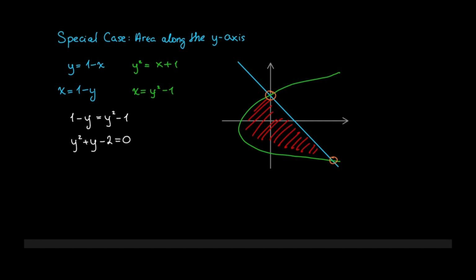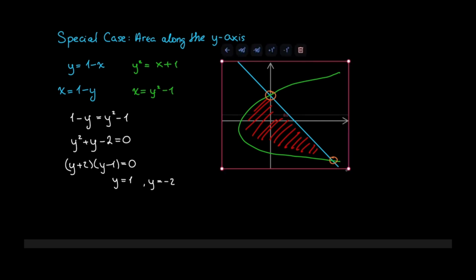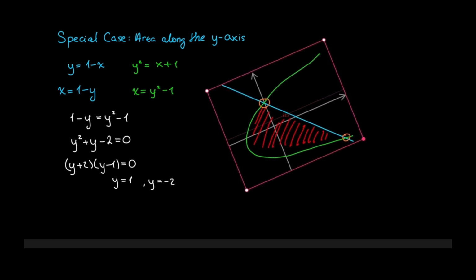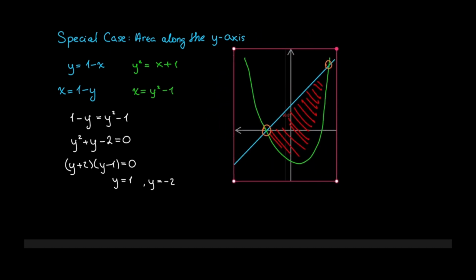What we get is y squared plus y minus 2 equals 0, and we can solve this using factorization. y plus 2 times y minus 1 equals 0. So that means y equals 1 or y equals negative 2, which would become the bounds of our integral. You can imagine this as the function being flipped.